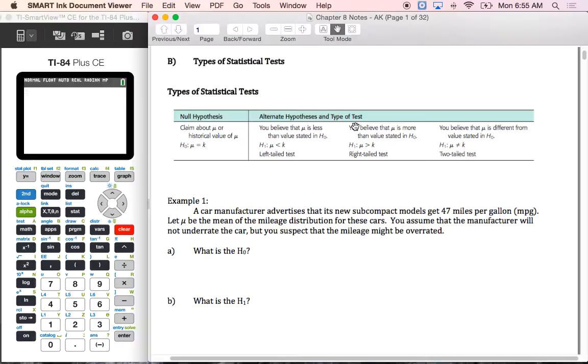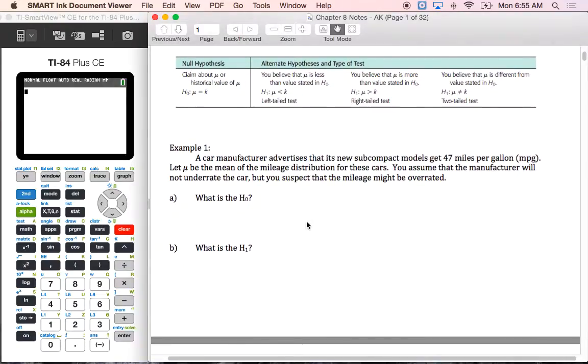So here, for example, 1, a car manufacturer advertises that its new subcompact models get 47 miles per gallon. Let mu be the mean of the mileage distribution for these cars. You assume that the manufacturer will not underrate the car, but you suspect that the mileage might be overrated. So for your null, our mu is going to be equal to then our 47.